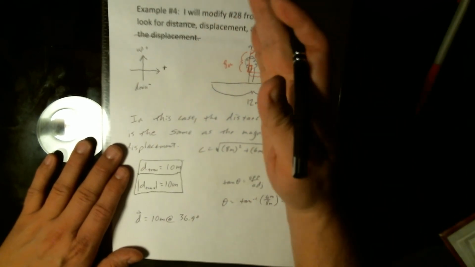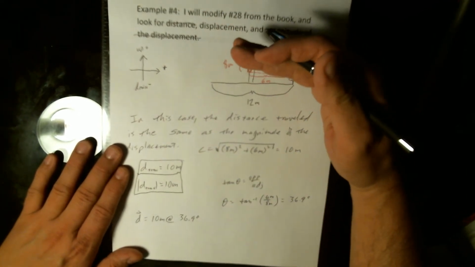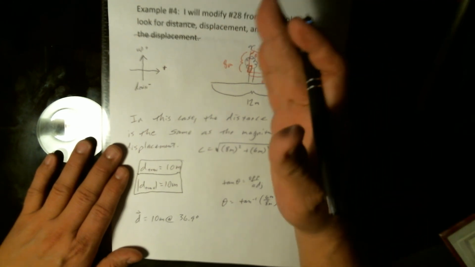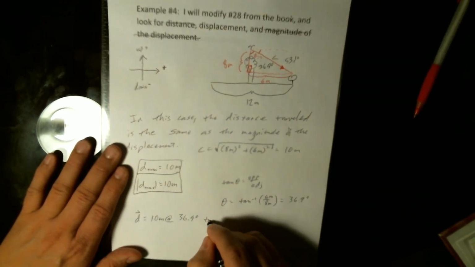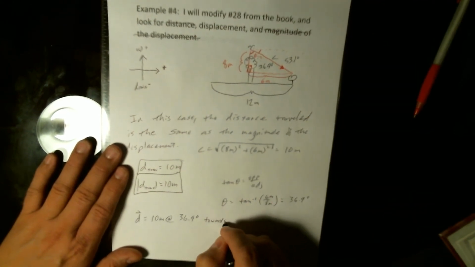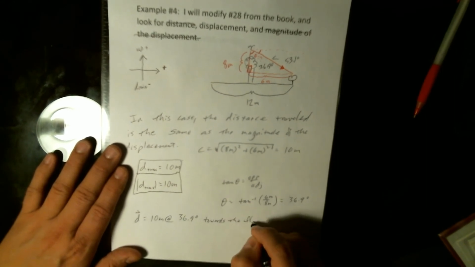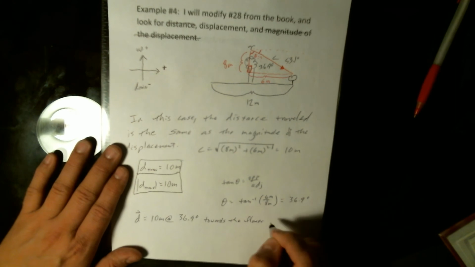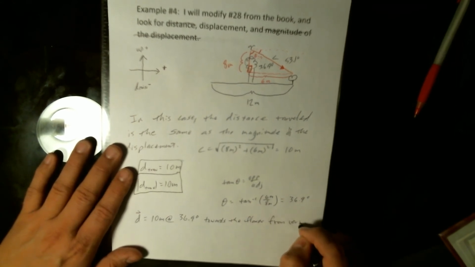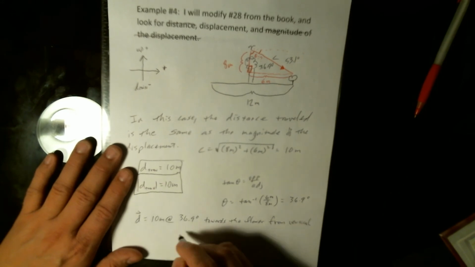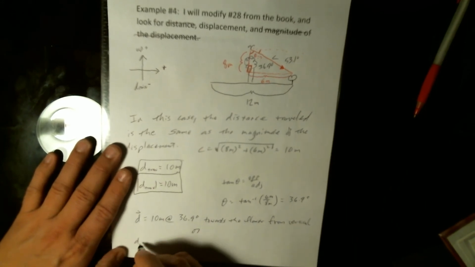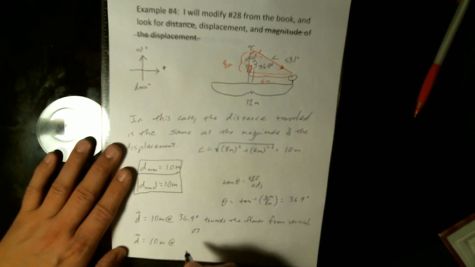So I'll write that out. Towards the flower from the vertical. Or it can be 10 meters at 53.1 degrees. Now, 53.1 degrees would be down from the horizontal.